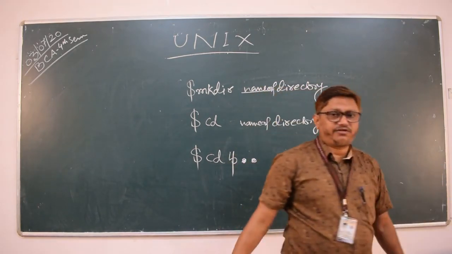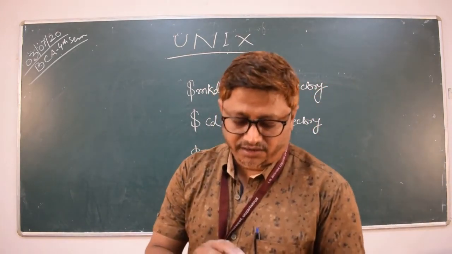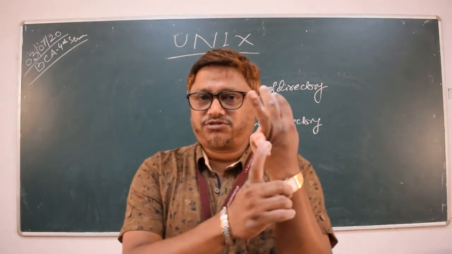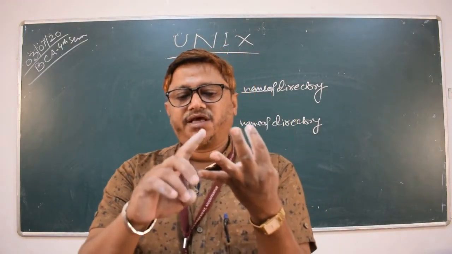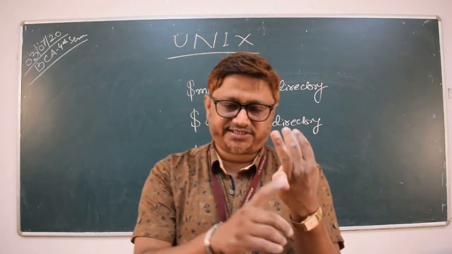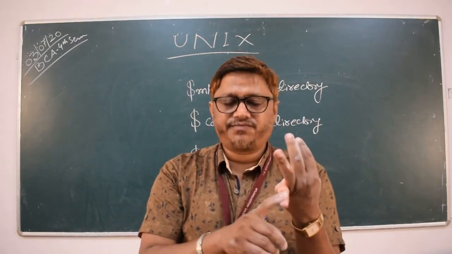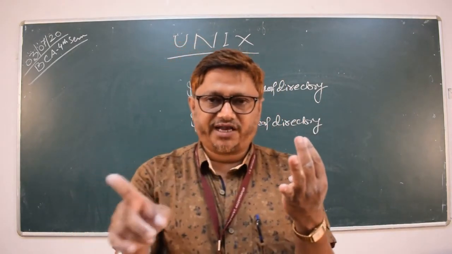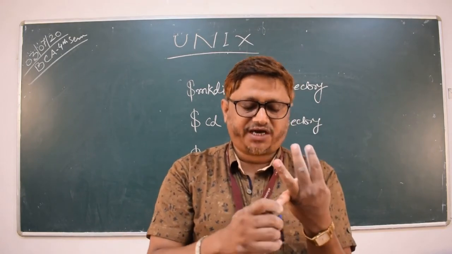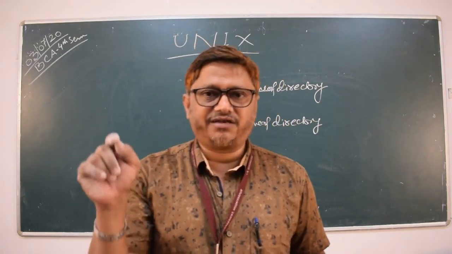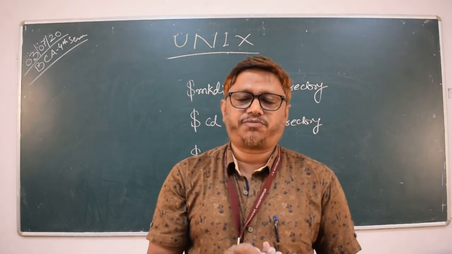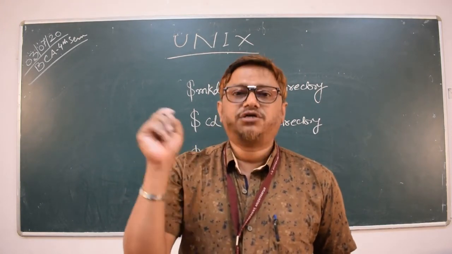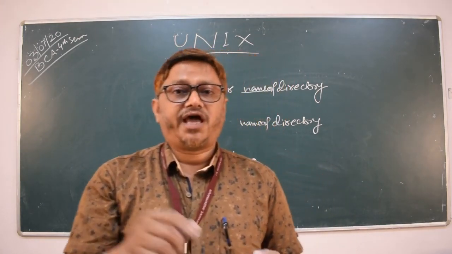Today in this session we have learned that the cat command is used for creating a file with different options: cat greater than symbol file name, cat double greater than symbol file name to append a file, cat -n file name to display a file with line numbers, cat -e to display the end of lines.